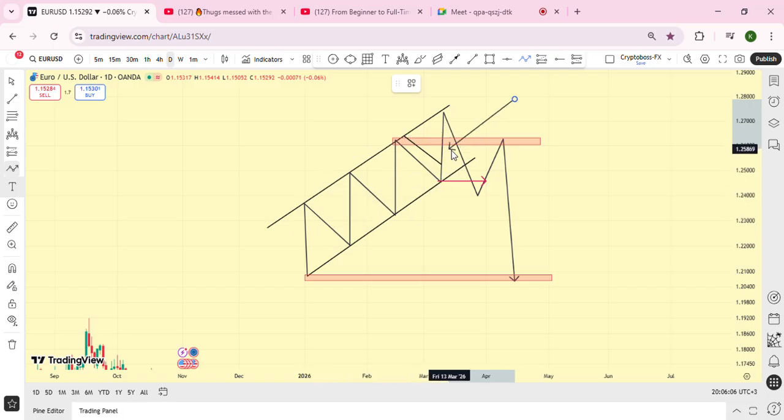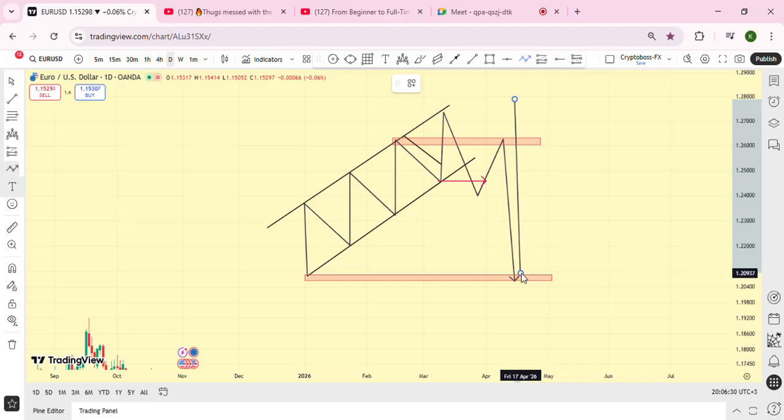So once the market breaks out and it starts moving impulsively or strongly, it should cover at least 90% of that correction. And the 90% is where the correction started. So that one is going to be your overall take profit.